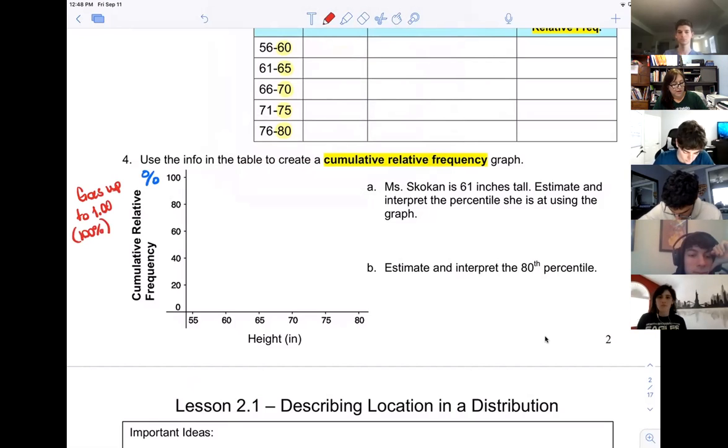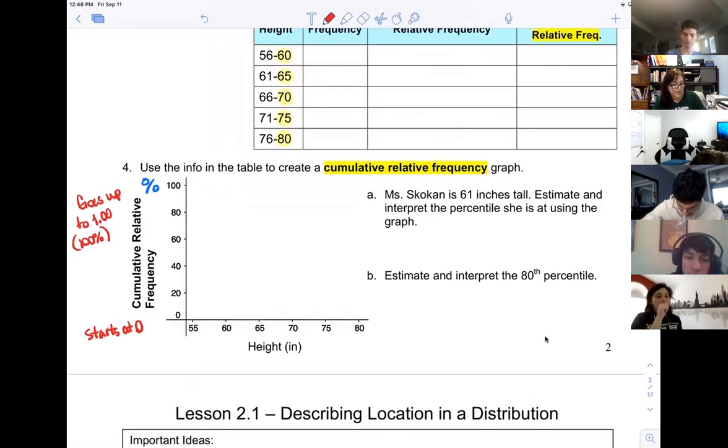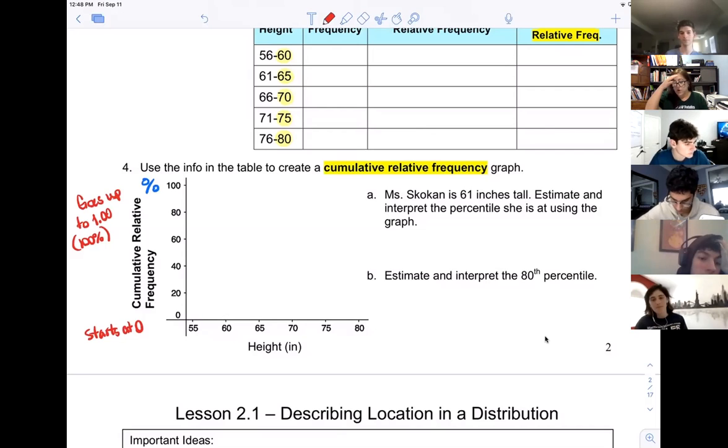Another thing I want to mention while we're here is it starts at 0. So if you don't have any values in this category, it's going to be 0 on the left-hand side anyway. If you don't know that part of it, don't worry about it. When we get back together, we'll see.